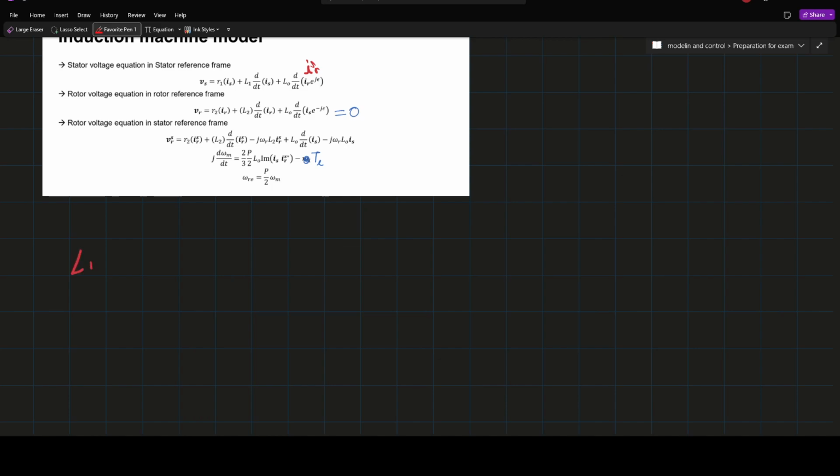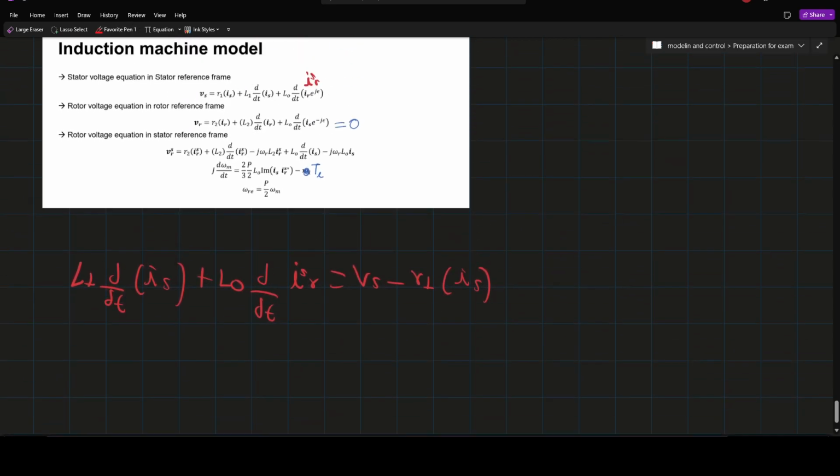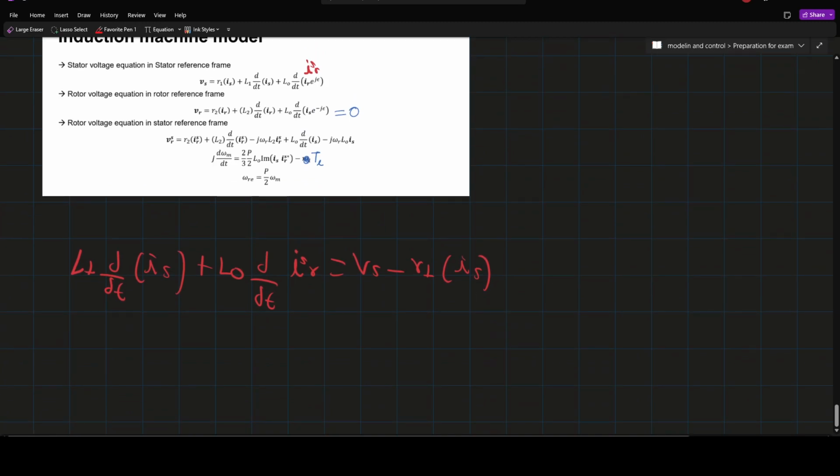So for the first equation, we're going to have L1 di/dt of IS plus L0 di/dt of ISR equals VS minus R1 IS. Remember that R1 is the resistance in our stator. Okay, and we do the same for our other equations.